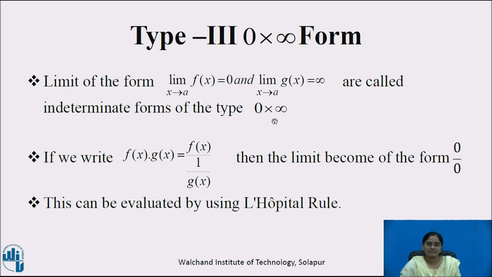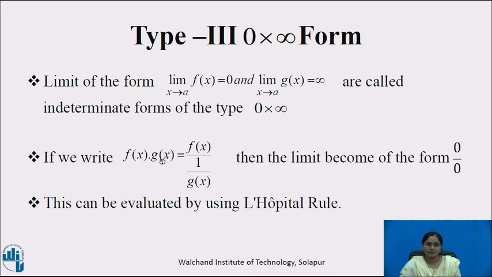How to solve this indeterminate form? If we write this f of x into g of x as f of x upon 1 upon g of x, here I have flipped this g of x as 1 upon g of x. Then the limit becomes of the form 0 by 0, and this can be evaluated by using L'Hospital rule.